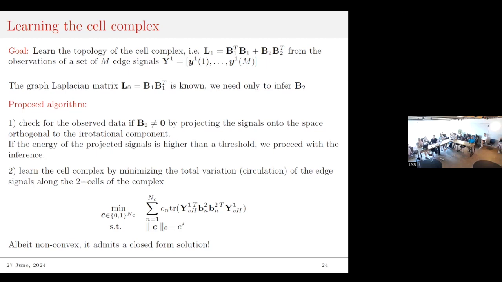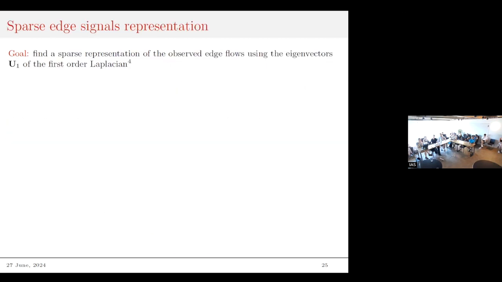We minimize the circulation of the information along the cells, and we select the cells with the small circulation along the cell to infer the cell complex. This problem is not convex, but it admits a closed form solution. I don't go into mathematical details.